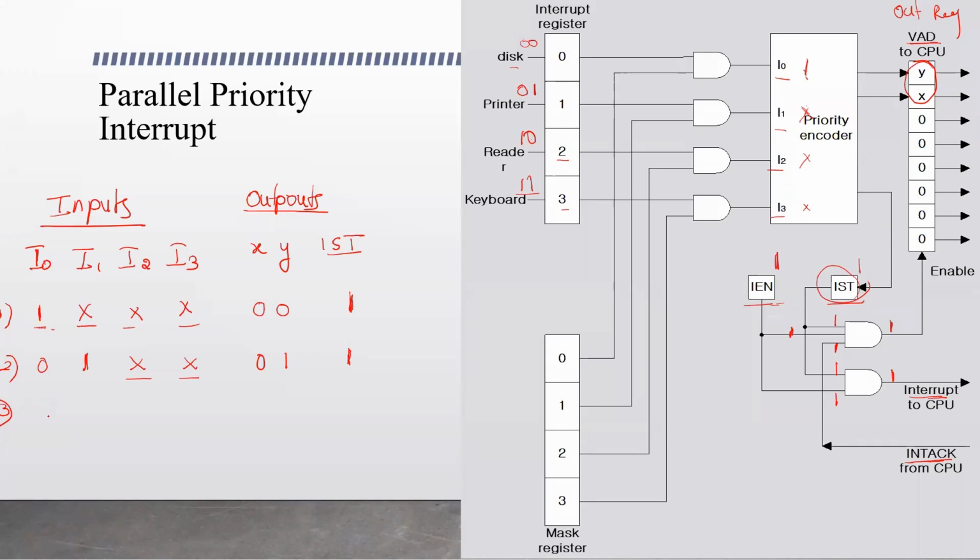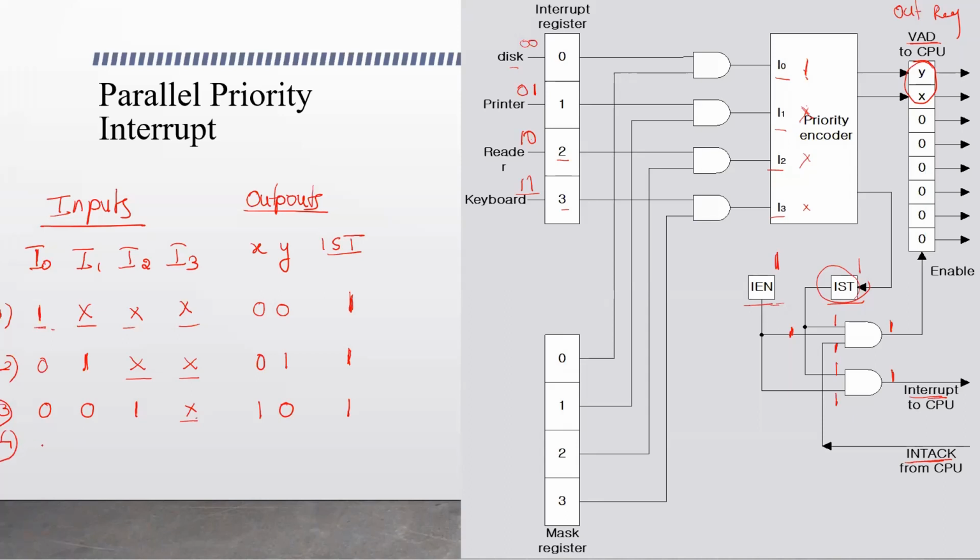And the third case is when this does not have and this does not have. Suppose the next higher priority device I2, device 2, has an interrupt request, then the others need not be considered. It generates 1, 0, as it is the second device, and interrupt status is 1.